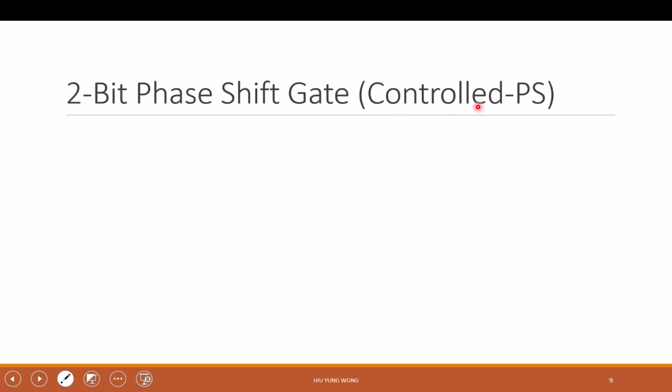What we're talking about is something called the control phase shift gate. Now, based on this name, control phase shift, and what we learned earlier, control NOT, can someone try to guess what is meant by control phase shift? What is the intention based on what we discussed in control NOT? Very good.